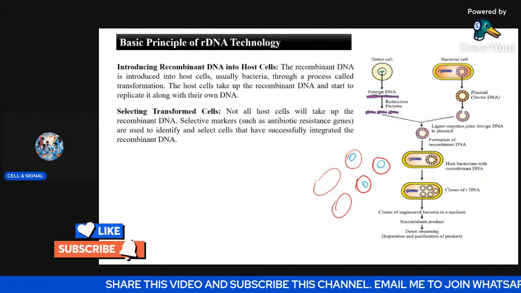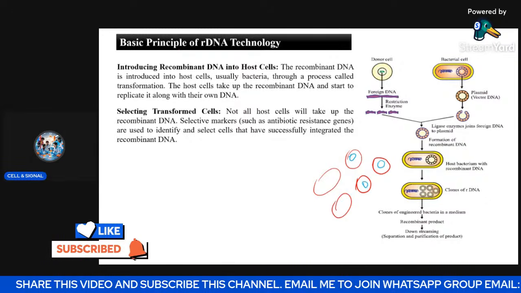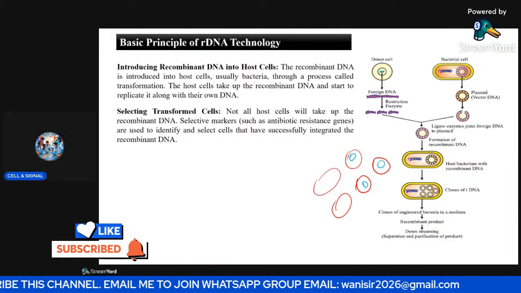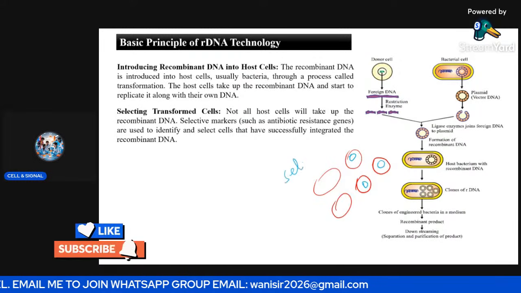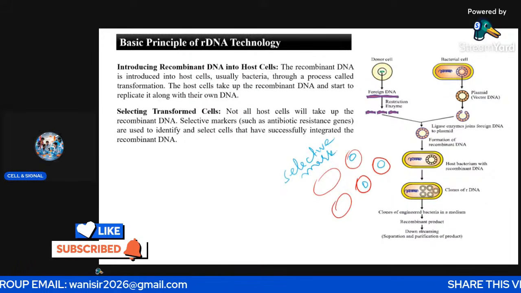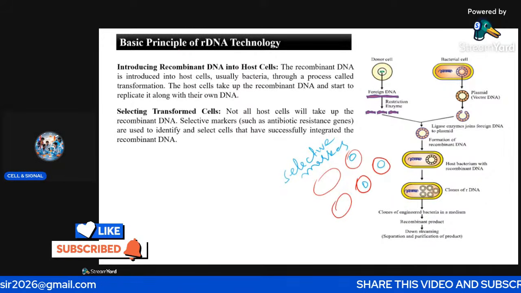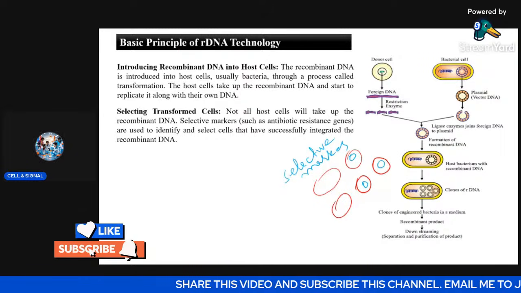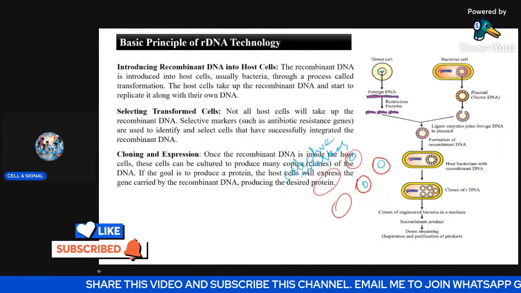For example, these three took this vector inside, and some didn't. For that, we use selective markers, such as antibiotic resistance genes, which can be used to identify and select a cell that has successfully integrated the recombinant DNA.